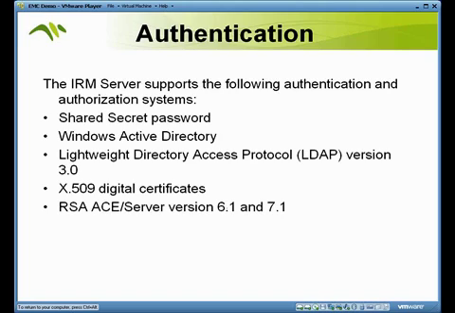For authentication, that is to identify users as they go to access content, we have a couple of different ways to do that. We have what's called a shared secret password, which is similar to content management security in AX. As many of you know, you can create usernames and passwords in AX. You can create a set of usernames and passwords similar to that in IRM. What's different about these users is that typically they're not going to be internal corporate users.